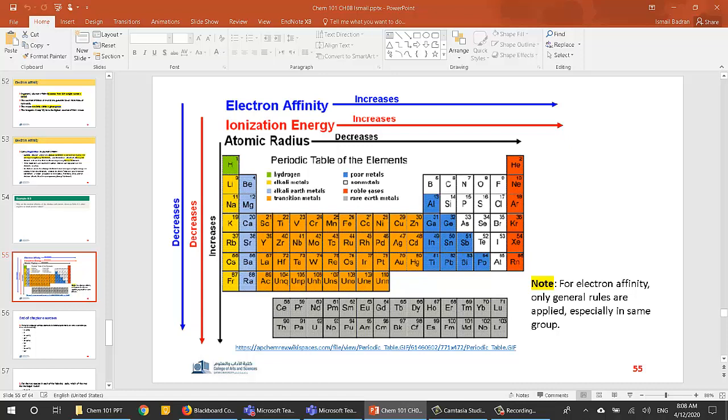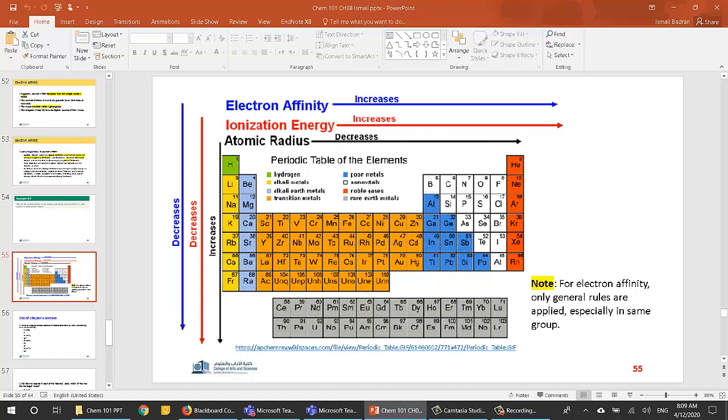To summarize everything, fluorine has the smallest size, the highest electron affinity, and also the highest ionization energy. While francium and cesium, at the bottom left of the periodic table, have very large size, and therefore low electron affinity and low ionization energies.